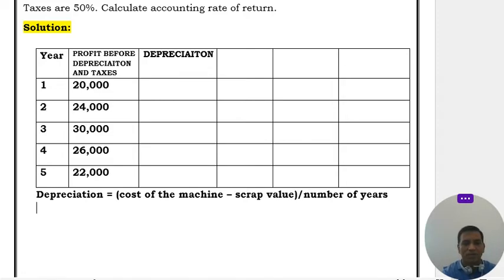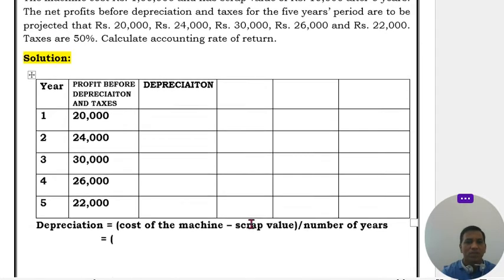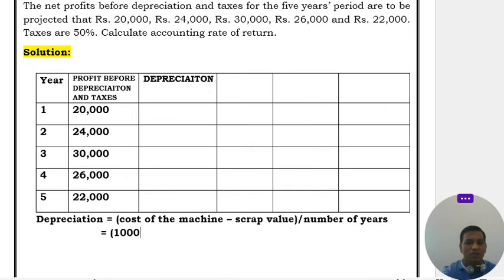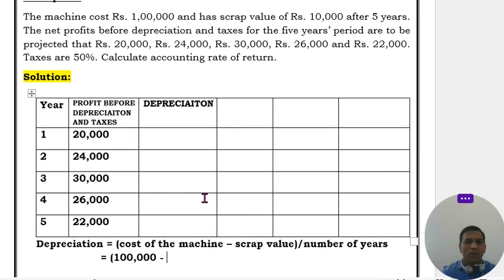That means, what is the cost of the machine? Cost of the machine 100,000, 100,000 minus scrap value, how much? 10,000, divided by the life of the project, number of years, 5 years.